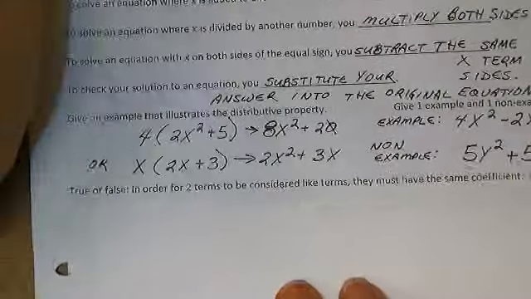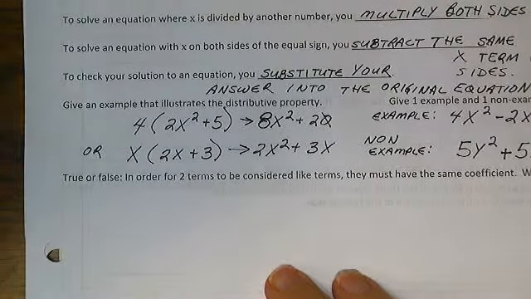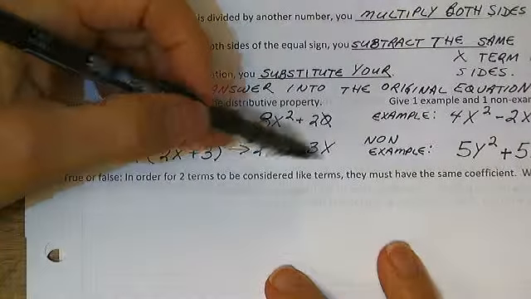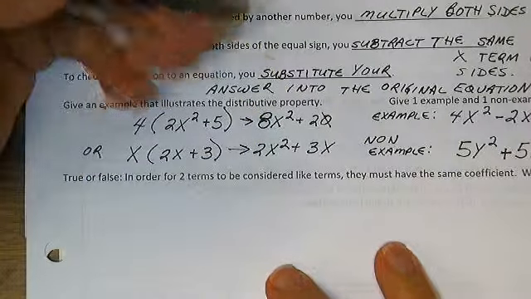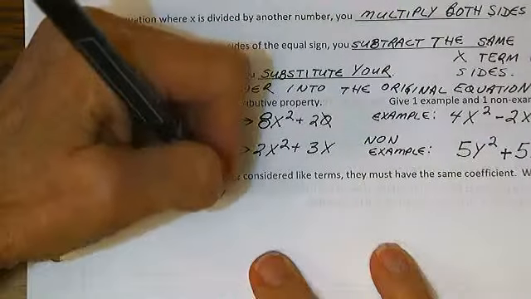True or false? In order for two terms to be considered alike, they must have the same coefficient. The coefficient is the multiplier.